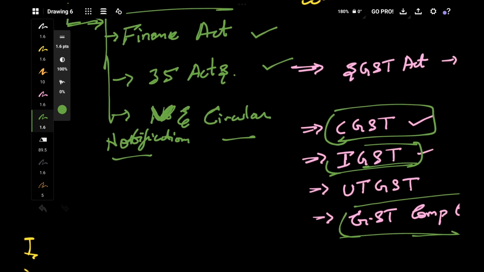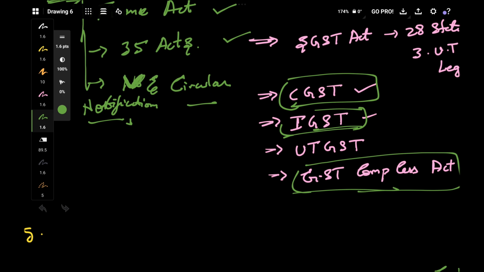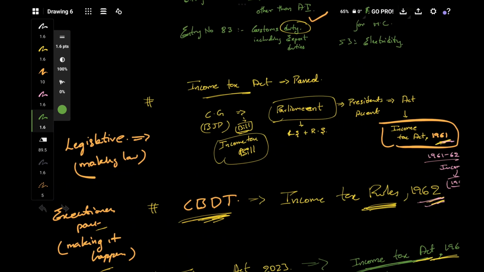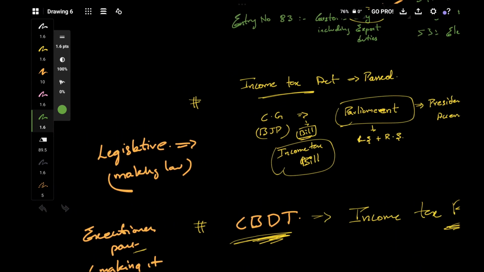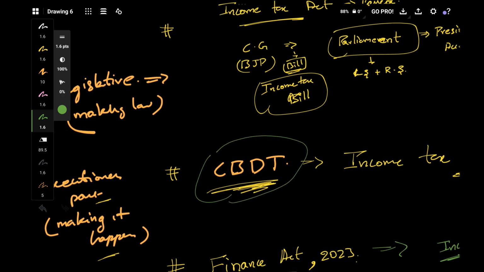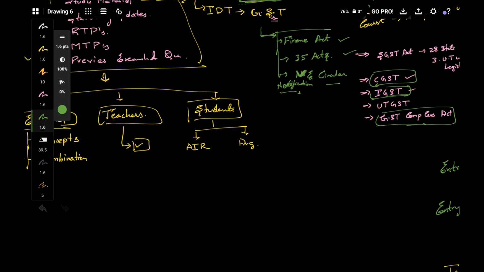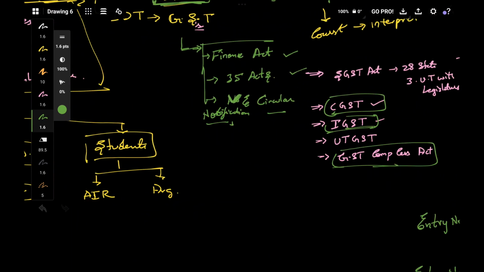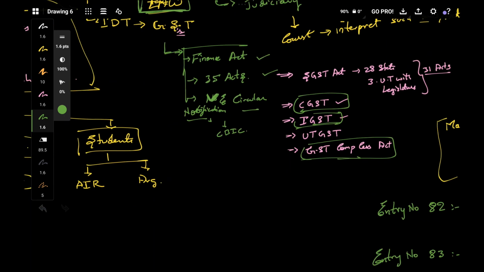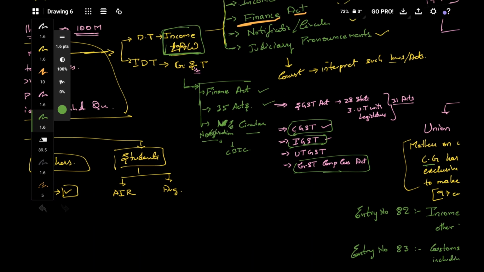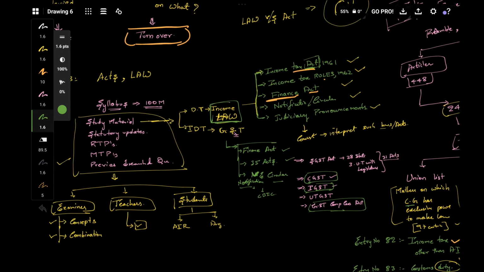And the government will issue notifications, same as income tax notifications and circulars, except here we don't have CBDT; we'll have the Central Board of Indirect Taxes and Customs, CBIC. That's the difference between both. I hope it is clear to you.